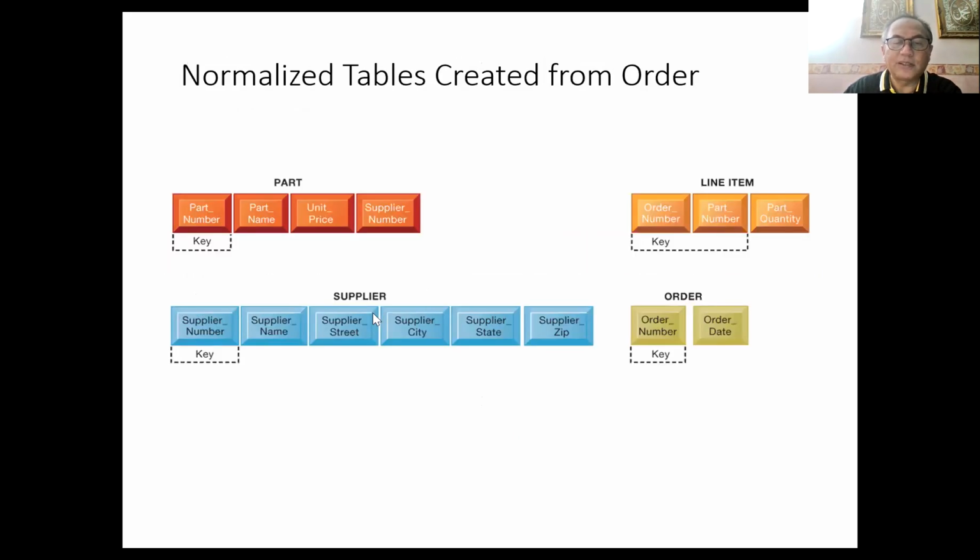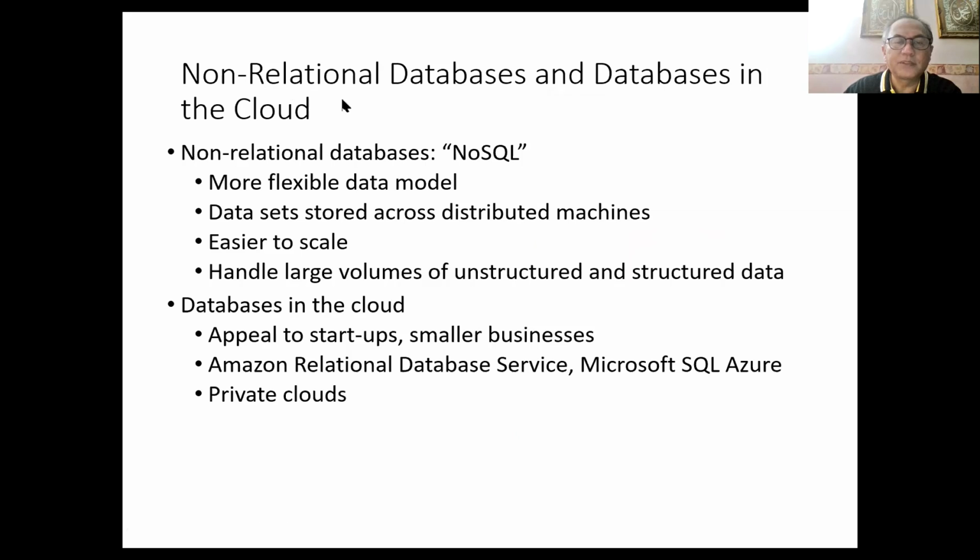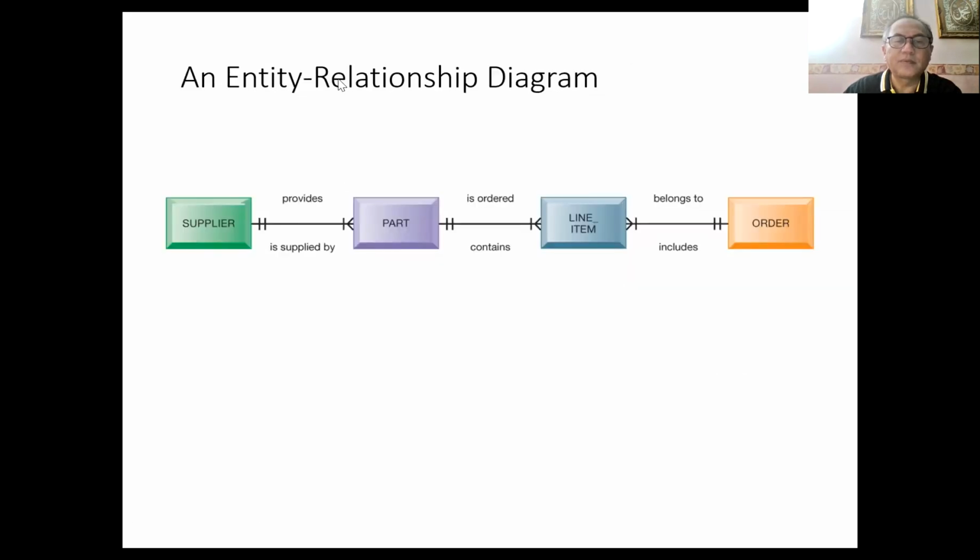Okay, so this is the referential integrity. We have one to many. Here we have one, this is one to many. This is one again to many.